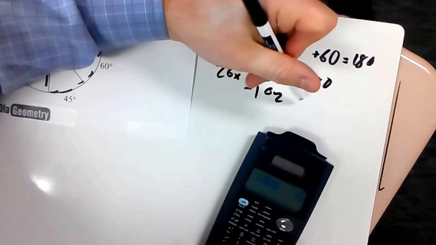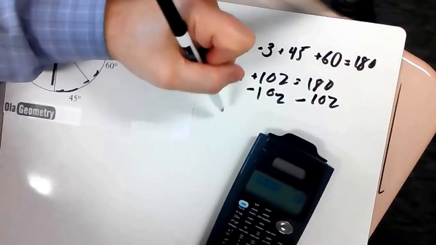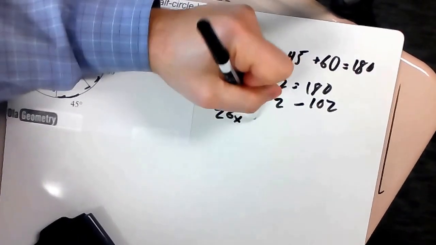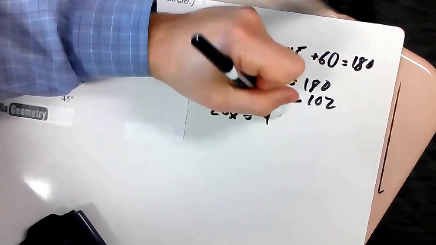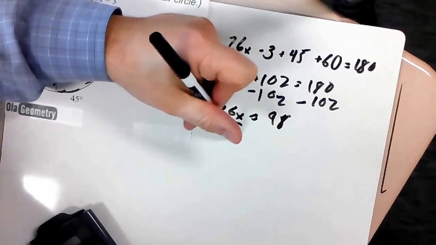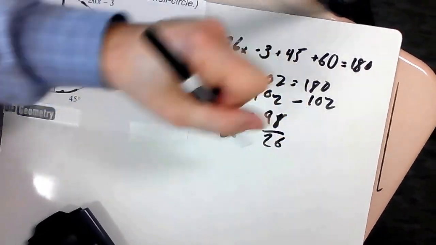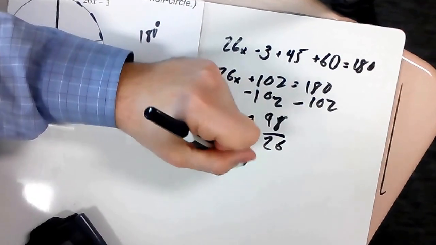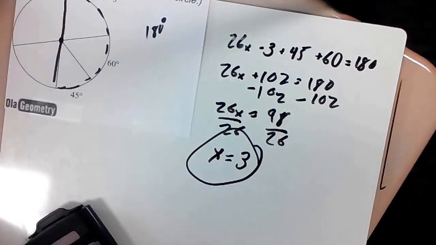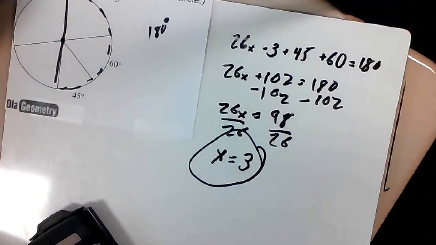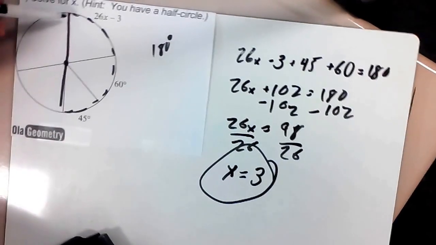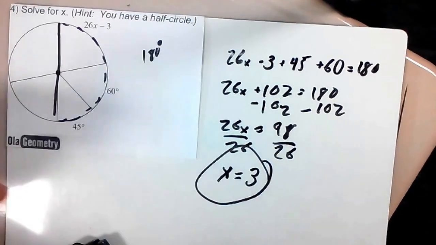Now I'm going to subtract 102 and I'm going to get 26x equals 98. I'm going to divide by 26, and x equals 3. All right, now here it just said solve for x. Just says solve for x. So that means I am done with this problem. Okay, last one.